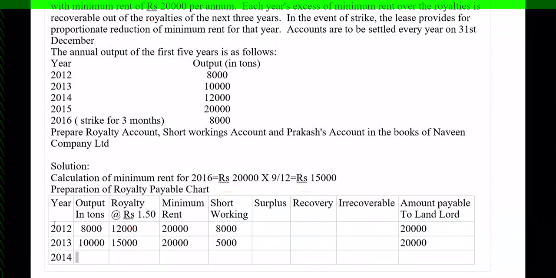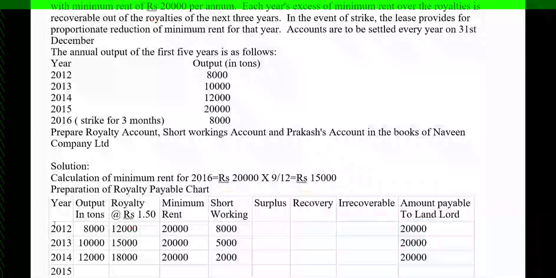So 2014, output is 12,000. The royalty payable will be 18,000, that is 12,000 into 1.5. Minimum rent payable is 20,000. So here 2,000 is the short working. Again there is no recovery, so amount payable will be 20,000.